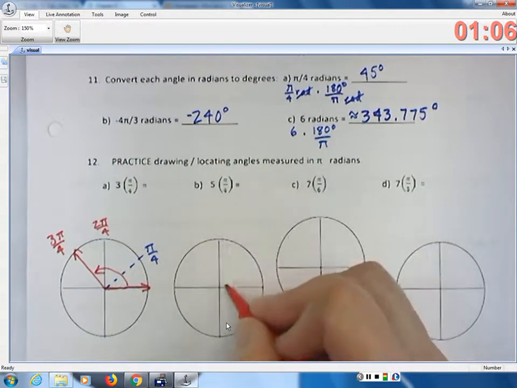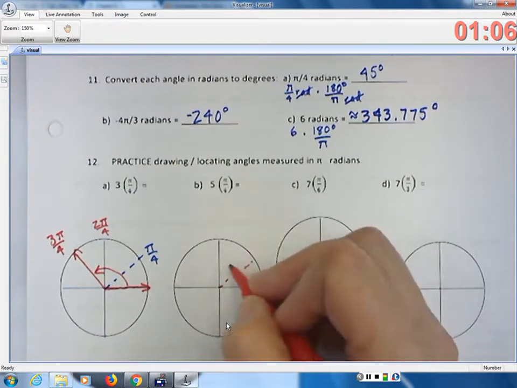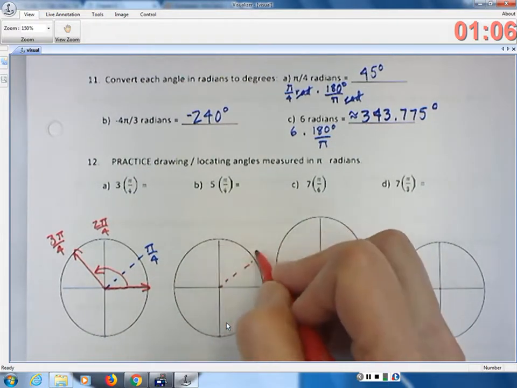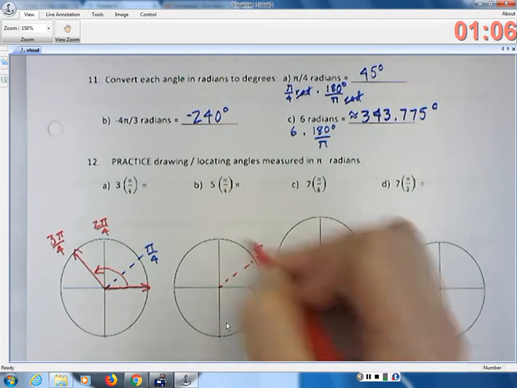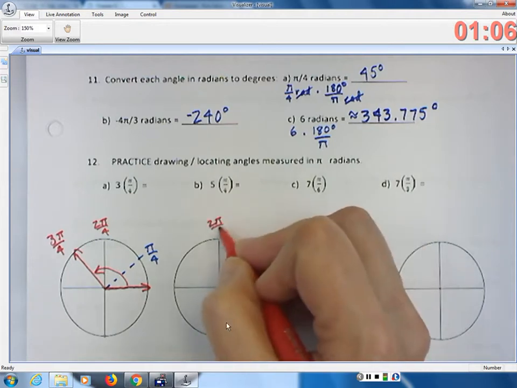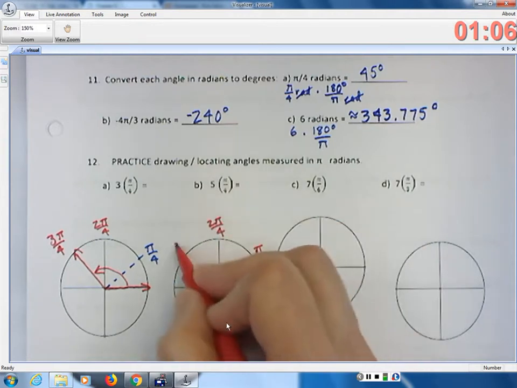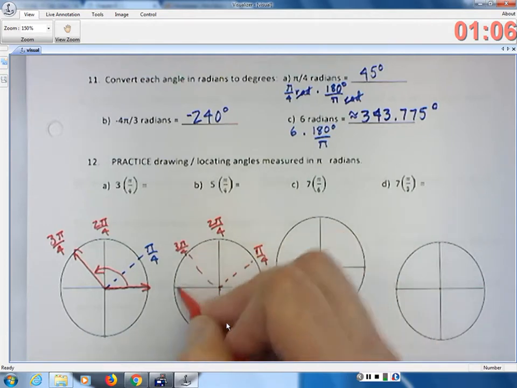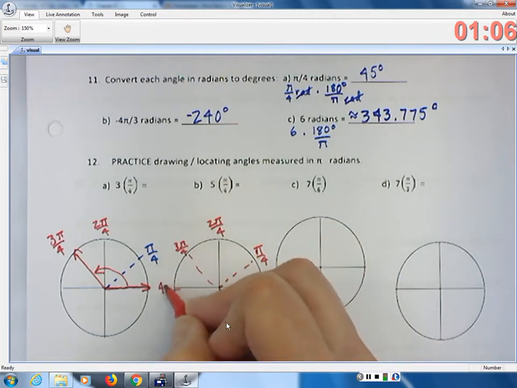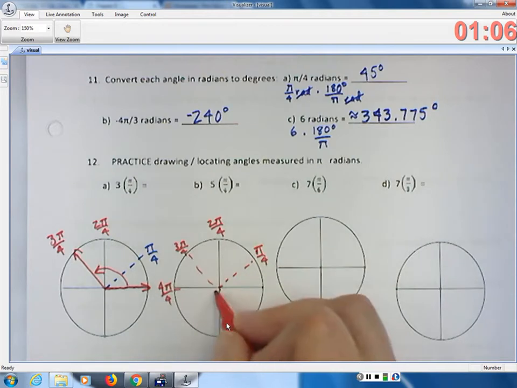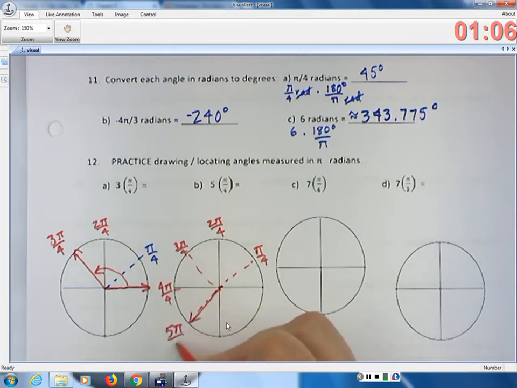Pi over 4, we just count up to 5. 1 pi over 4, 2 pi over 4, I know that's pi over 2, but 3 pi over 4, 4 pi over 4, and then this is 5. Not to scale, okay?